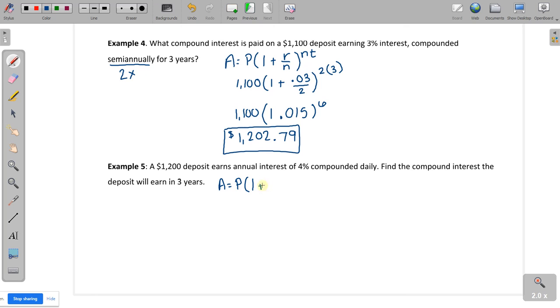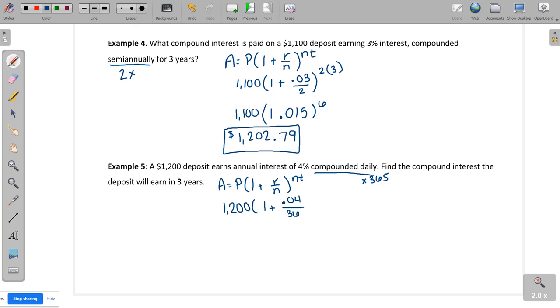times 1 plus r divided by n raised to the nt. So our principal is $1,200. Multiplying that by 1 plus our rate, 4% changed to a decimal is 0.04, divided by our n. It's compounded daily. So daily is 365 times a year.